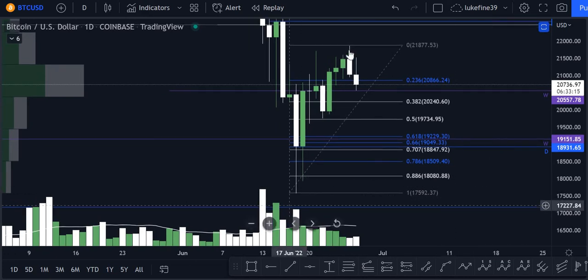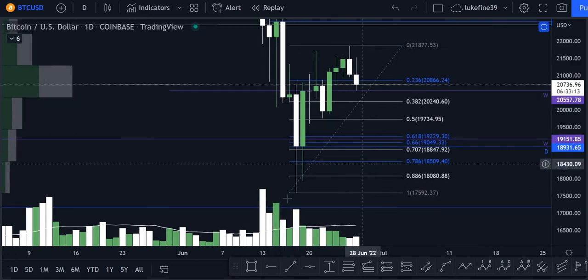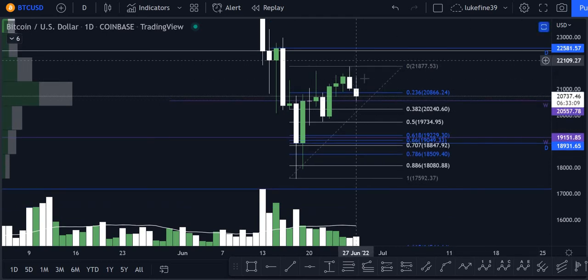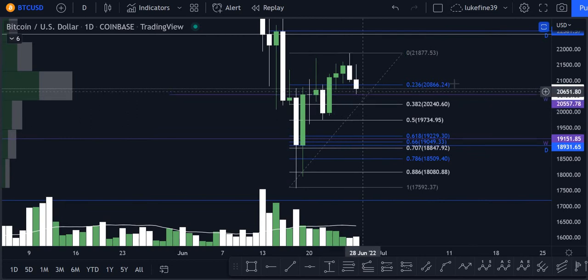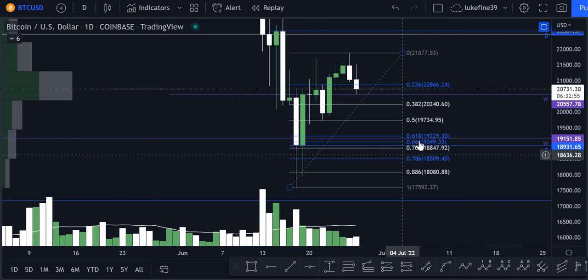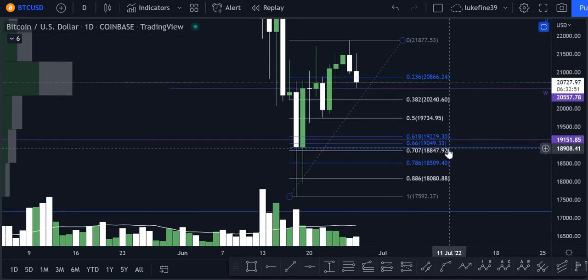And we're on the bounce now, and these fibs are legit because if today's candle closes under 20.8 here, then we can mark these fibs as legit, and we have the golden pocket from .66 to .618 just marked at this weekly and daily support.